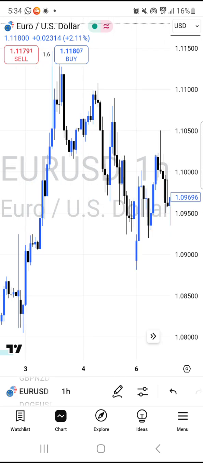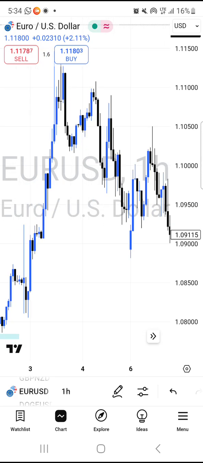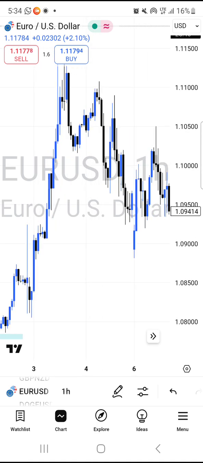All right, whenever you see the market goes up like this, comes, goes up. Now we have a structure here. Market has given us a structure.